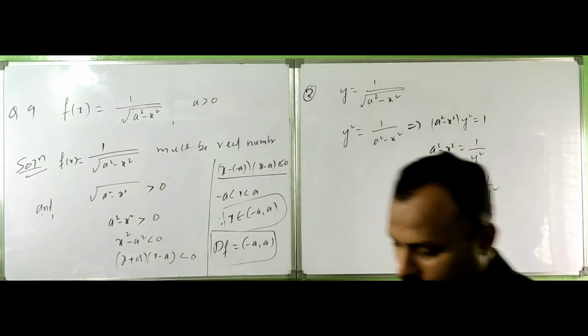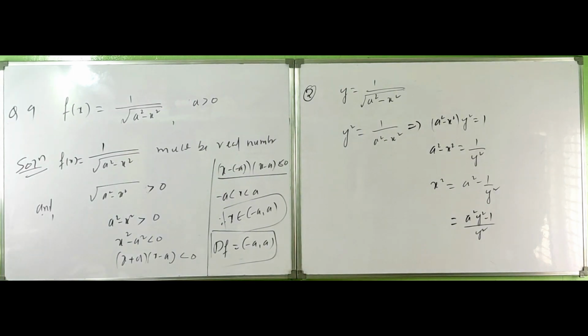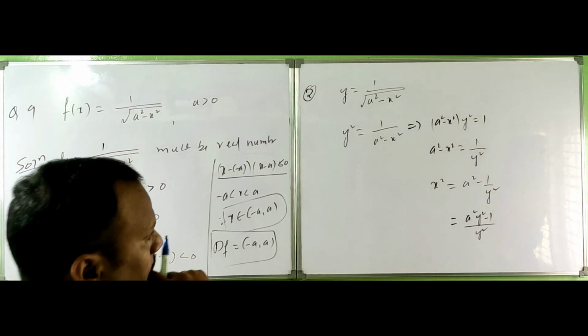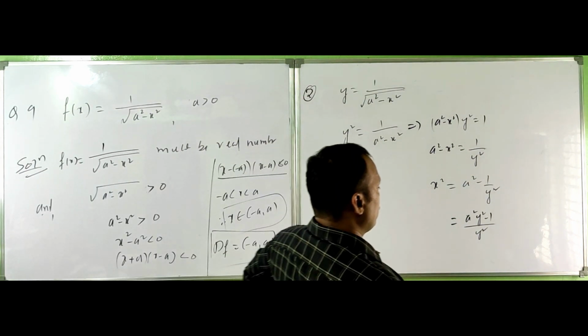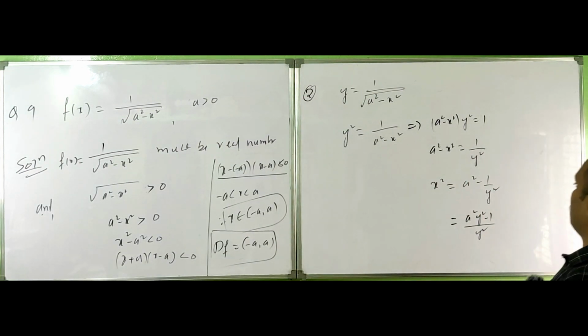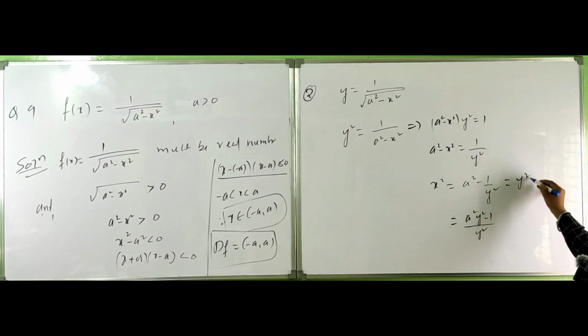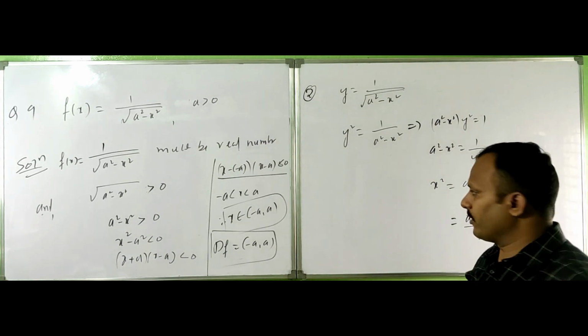Writing it by the direct method is not fruitful, so they have given it like this: y square minus 1 by a square. Can I write this one as... yes, right, I got it.